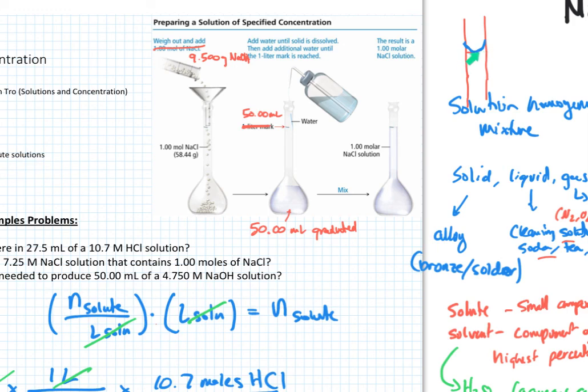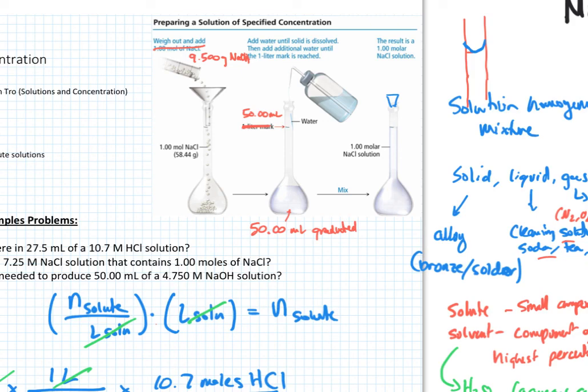So if you put your eye even with it, then you can see where the bottom of the meniscus is. So again, you dissolve it, you fill it to the line, then the last step is you put a cap on this, turn the thing over several times to shake it up so you have a uniform concentration, and then you have your solution.